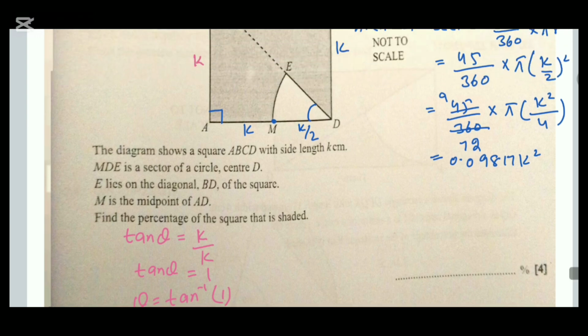Now you found the area of sector. We will have to find the shaded area. How will we find the shaded area? Shaded area is equal to area of square minus area of sector.